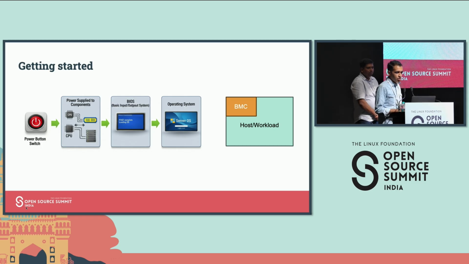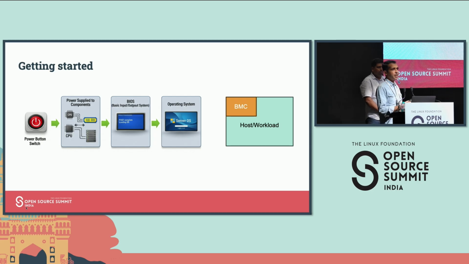So now let's look at this diagram. A server, or any platform, we could logically separate into two subsections. One is the manageability section, and the second is the host or workload, where the workload runs.